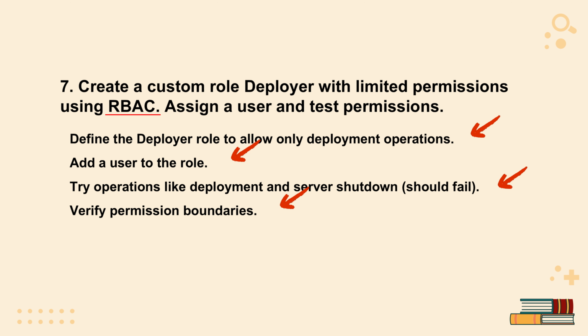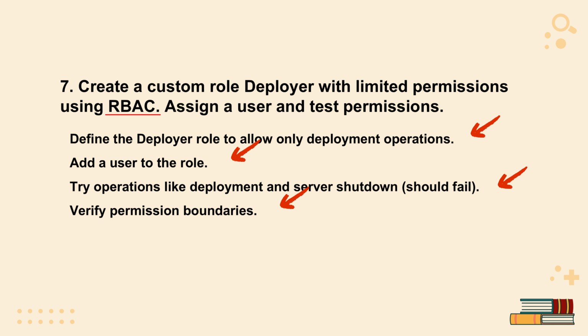Exactly. Grant users only the absolute minimum permissions they need. Defining roles with specific permissions, assigning users to them. It significantly limits the potential for accidents or malicious actions. Or reduces the blast radius if something goes wrong. Precisely. And think about compliance, too. RBAC gives you clear audit trails. Who has permission to do what?